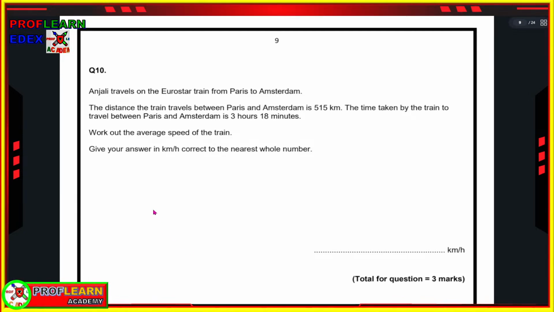Yes, we are told that Anjali travels on the Eurostar train from Paris to Amsterdam. The distance of the train travel between Paris and Amsterdam is 515 kilometers. Time taken is 3 hours 18 minutes. Work out the average speed in kilometer per hour. So we have to convert 18 minutes to hours. So it will be 3 plus 18 over 60, and that becomes 3.3 hours.